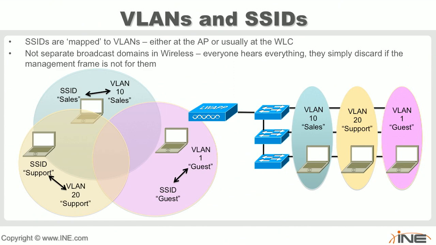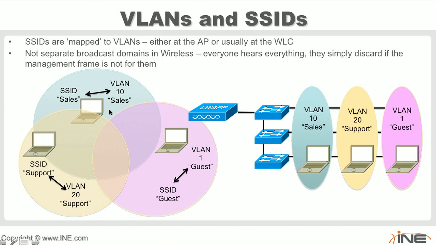So in the sense that I might think of a VLAN 10 for sales or a VLAN 20 for support as a separate broadcast domain in a wired environment, that concept does not hold true when I'm looking at a wireless environment.